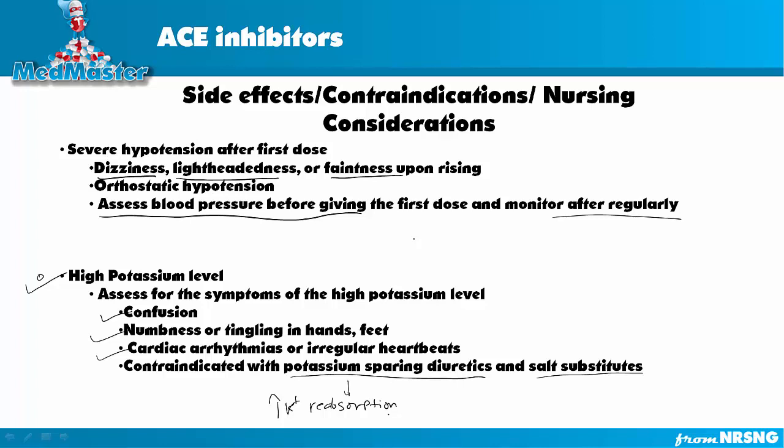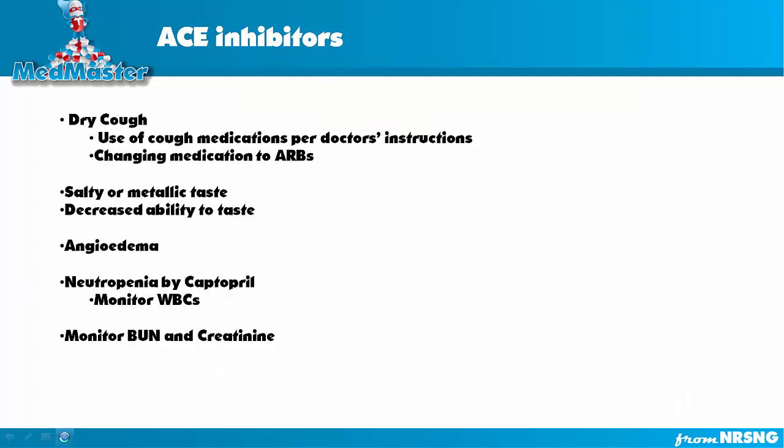So they're contraindicated in a patient who's taking a potassium sparing diuretic. And also the salt substitute, because in the salt substitute they add potassium. So if they're on salt substitute, it's going to increase even more potassium in the body. So that's why they're contraindicated.